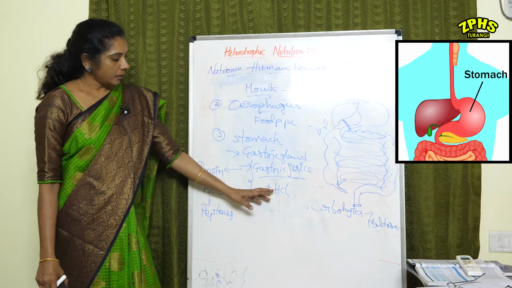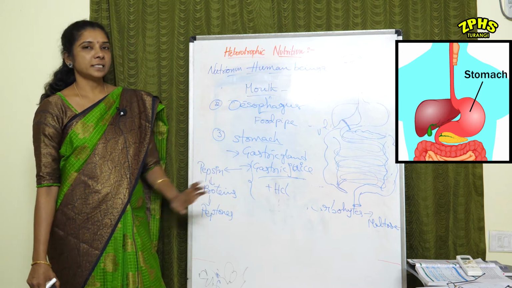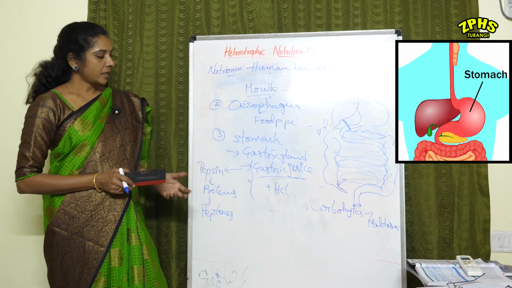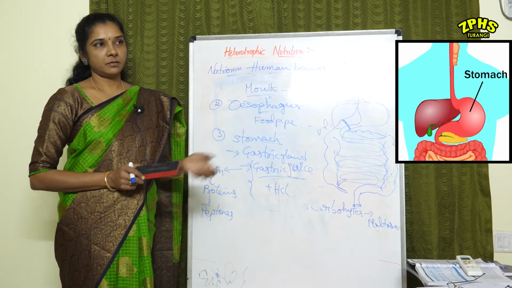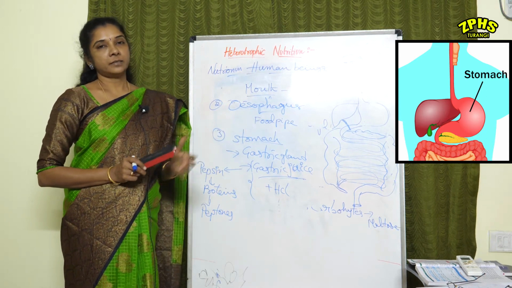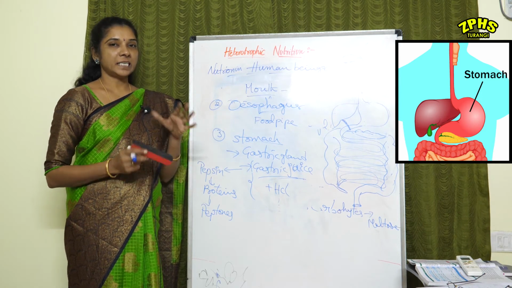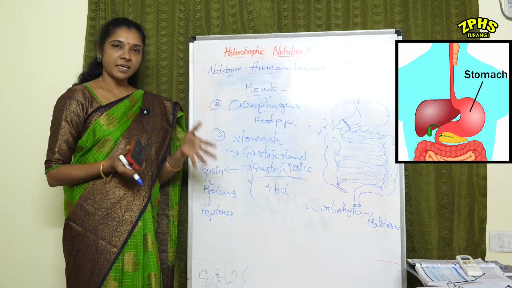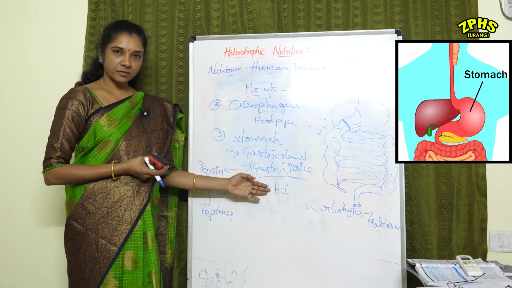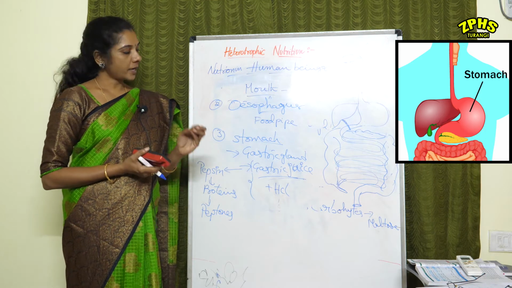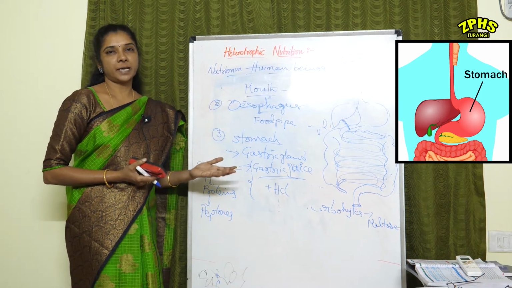Okay. Next, HCl. What is HCl? It is hydrochloric acid. As you know, we use acid in bathrooms like that. Why do we generally use acids? They kill the germs. In the same way, the acid in our digestive system is also helpful to kill some organisms, harmful bacteria.